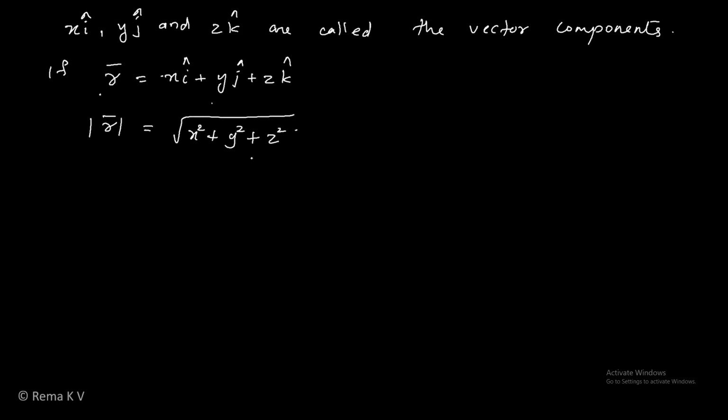You can represent the position vector of a point as vector r, which can be written as xi plus yj plus zk, where x is the x coordinate of the point and i cap is the unit vector along x-axis, y is the y coordinate and j cap is the unit vector along y-axis, z is the z coordinate and k cap is the unit vector along z-axis. Then modulus of vector r is equal to root of x square plus y square plus z square.